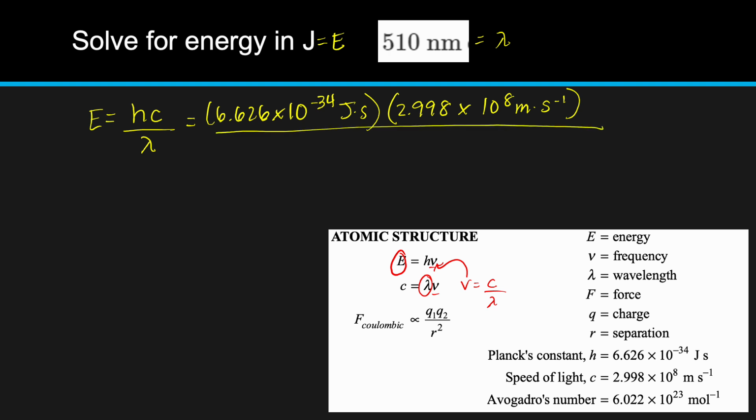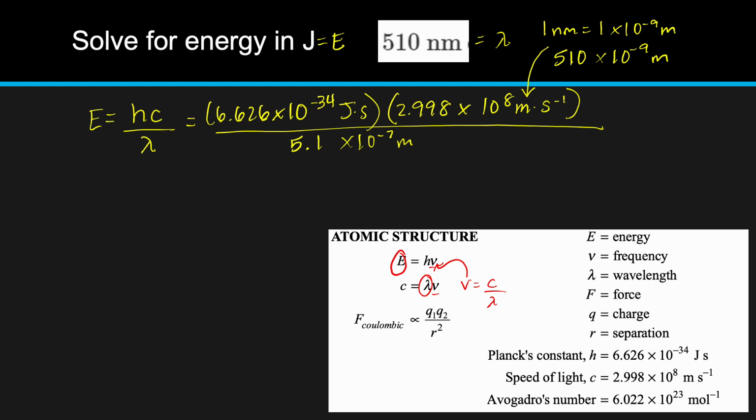And for wavelength, because I have meters in the numerator here, I have to change nanometers to meters. 1 nanometer is equal to 1 times 10 to the negative 9th meters. So I can take my 510 and just slap on times 10 to the negative 9th, which gives me meters. Just because I want to, I'm going to put it into scientific notation, so my wavelength is 5.1 times 10 to the negative 7th meters.